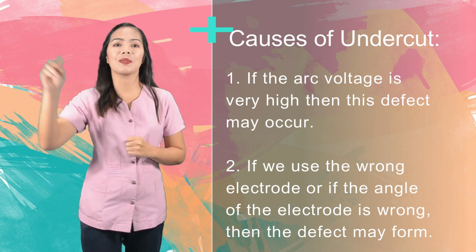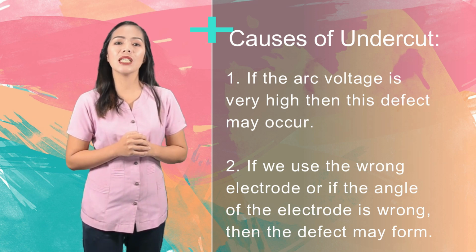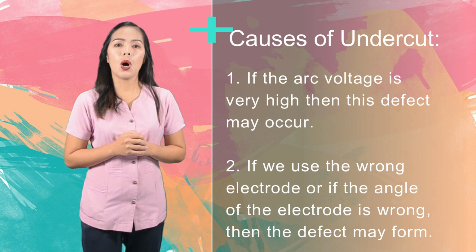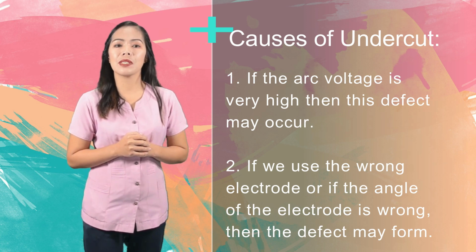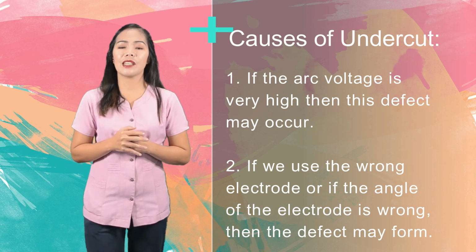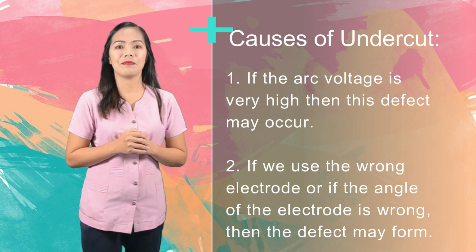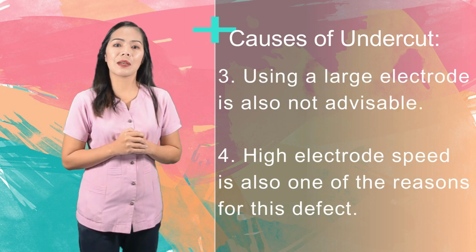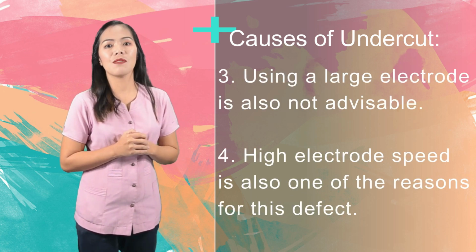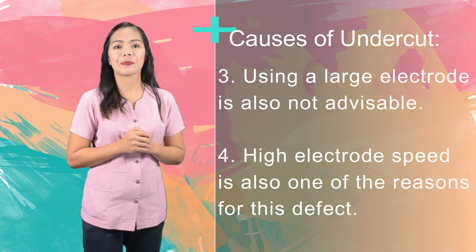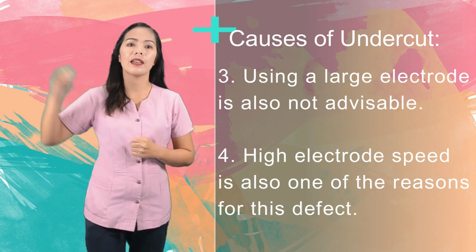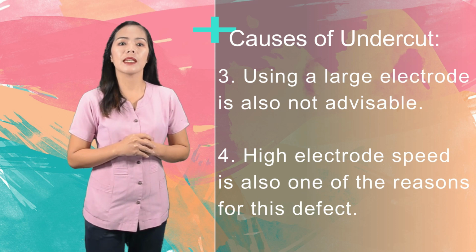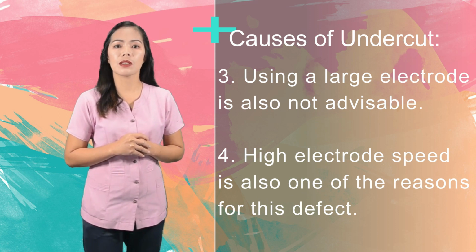Number 2. If you use the wrong electrode, or if the angle of the electrode is wrong, then the defect may form. Number 3. Using a large electrode is also not advisable. Number 4. High electrode speed is also one of the reasons for this defect.